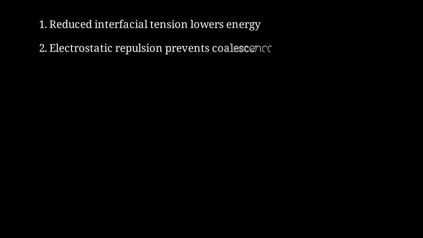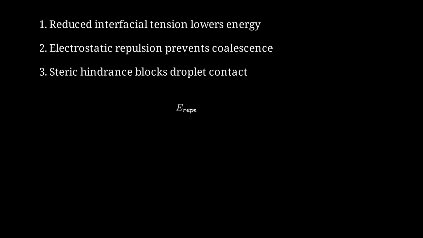Second, charged surfactant heads create electrostatic repulsion between droplets, preventing them from merging. Third, the physical presence of surfactant molecules creates steric hindrance, a physical barrier preventing droplets from touching. The electrostatic repulsion energy scales as charge squared divided by distance. Even small charges create significant repulsion at nanometer scales.